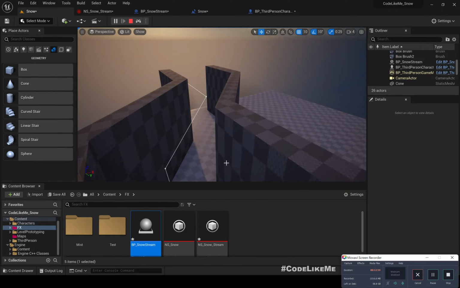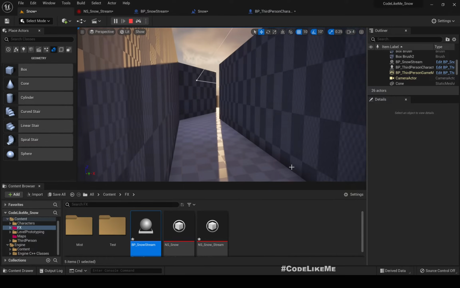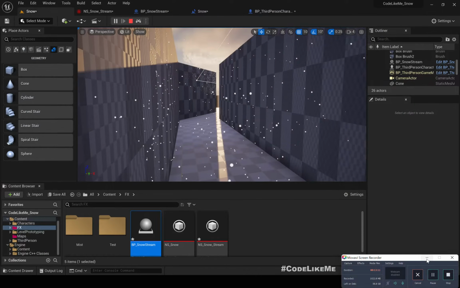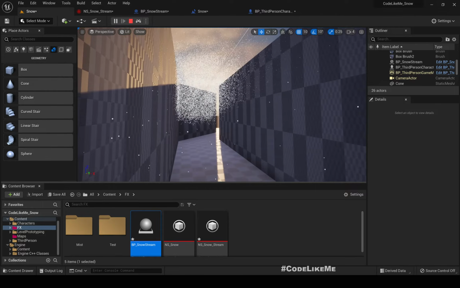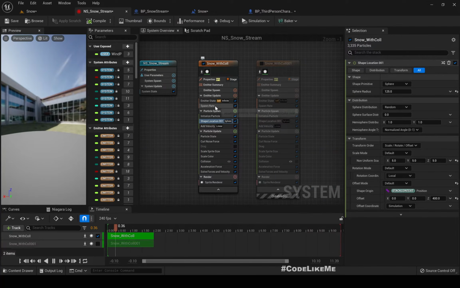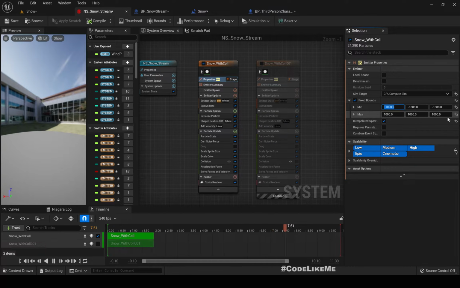Okay, but it seems here we have a problem. The problem is, since this is a GPU particle, once it moves away from the area that we can see through the camera, it vanishes. So as a solution, maybe shall we try increasing this bounds?